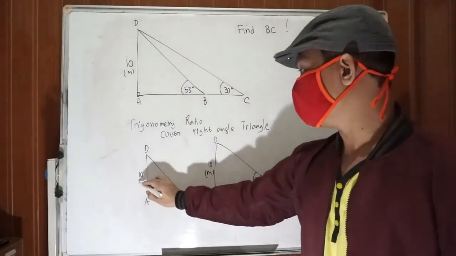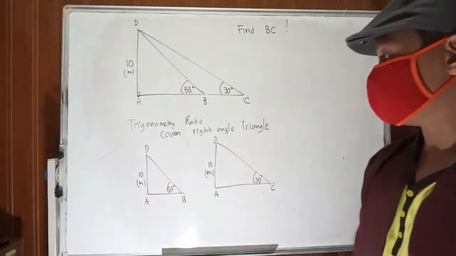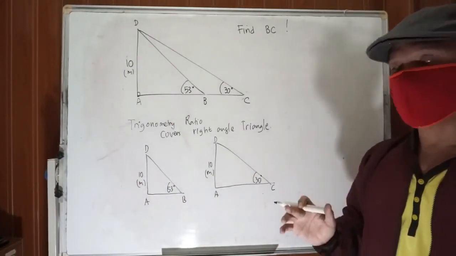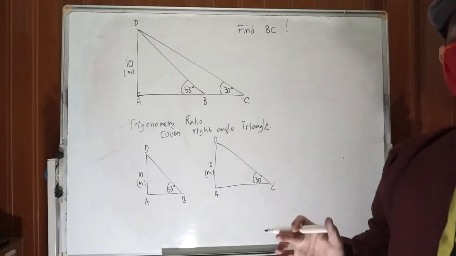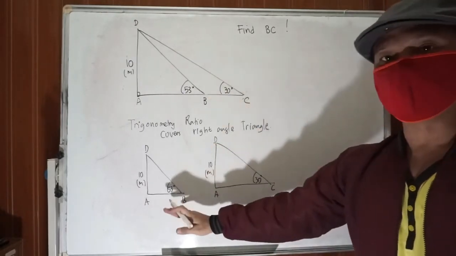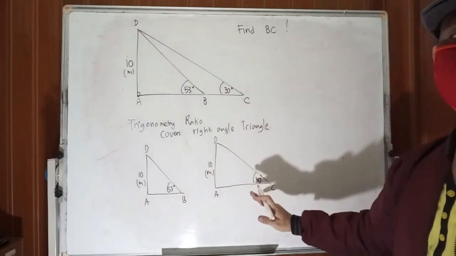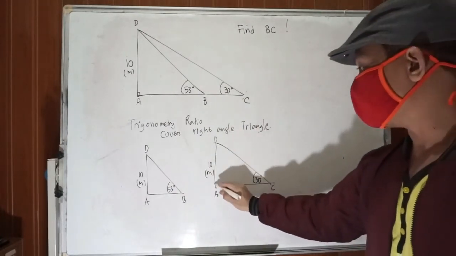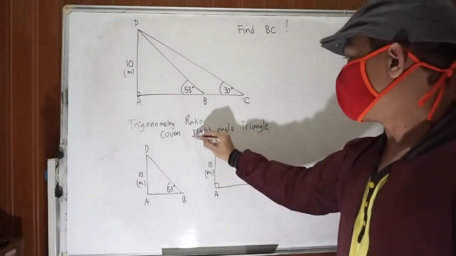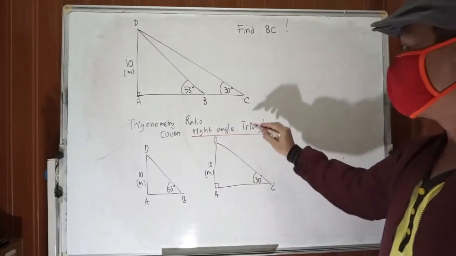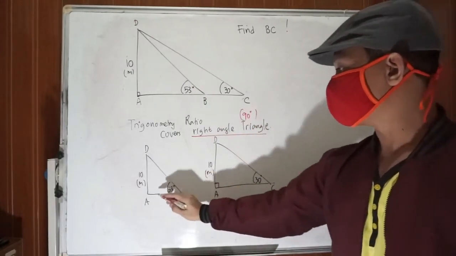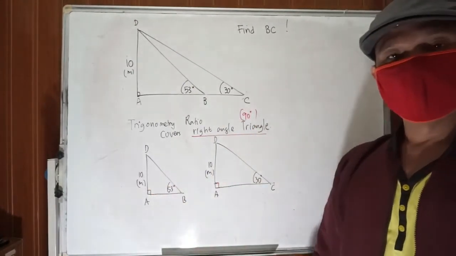To find the length of BC, you have to separate the big triangle into two parts, the smaller one and the bigger one. You have to understand that trigonometric ratio covers right angle triangles, so it means 90 degrees. Here is 90 degrees, and here is 90 degrees.